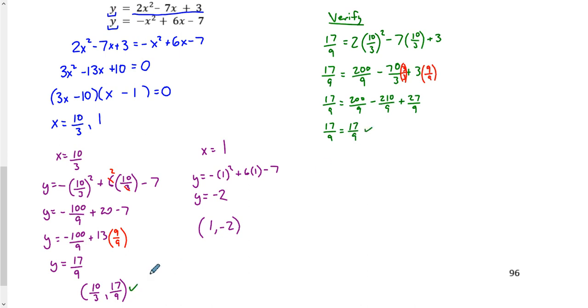So this point works. So this was verifying the coordinate 10/3, 17/9. Now let's verify the point 1, -2. So -2 would equal 2 times 1 squared, subtracting 7 times 1, add 3.